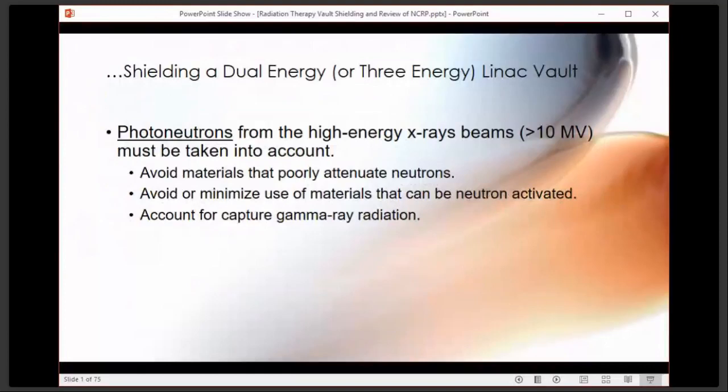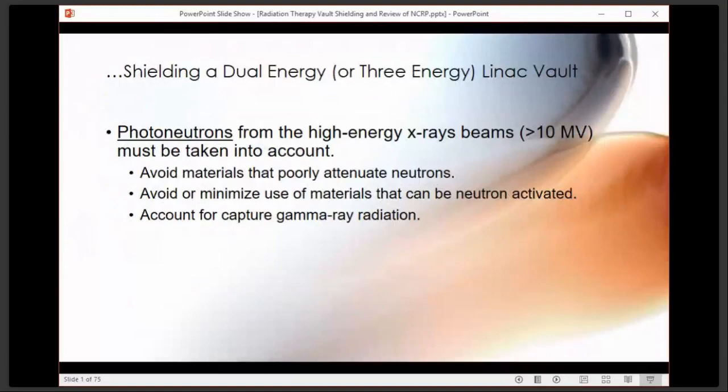Another important factor for a higher energy beam, greater than 10 MV, is that photoneutrons are going to be produced above 10 MV. They're actually produced at 10, but they're not very significant. But they're certainly important at 15, 20, 23.